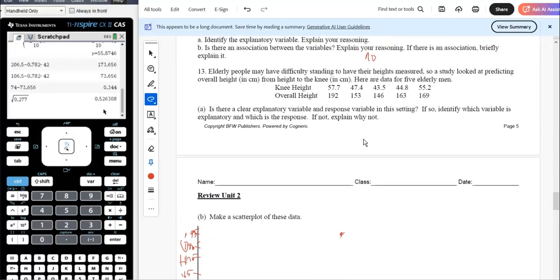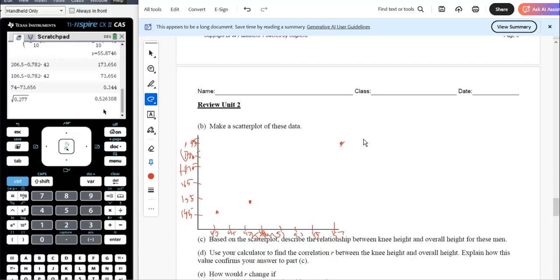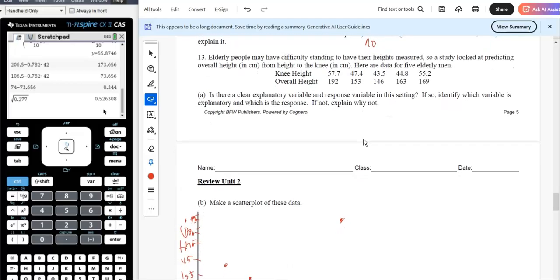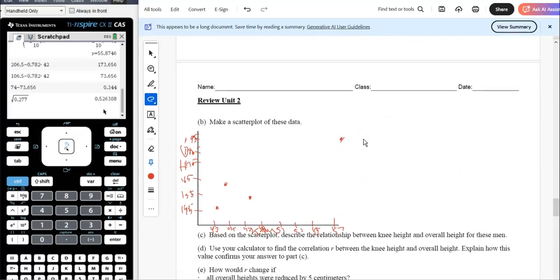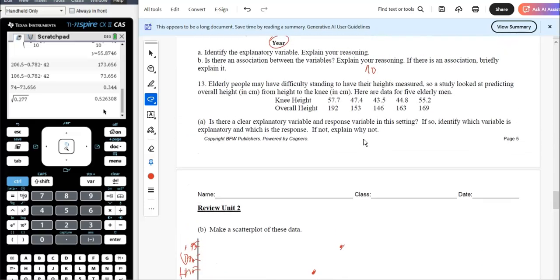Positive here. 44.8, 163. And 55.2, 169. Okay, that looks like a scatter plot.